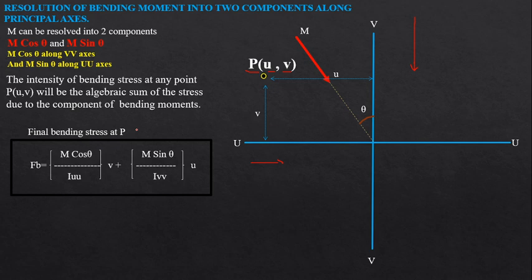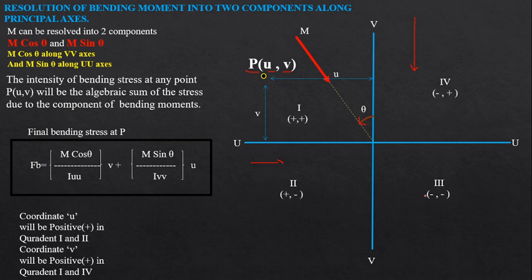There are a few things to note. The angle theta is taken as positive in the anti-clockwise direction. The coordinate u is positive in the first and second quadrants, and v will be positive in the first and fourth quadrants.